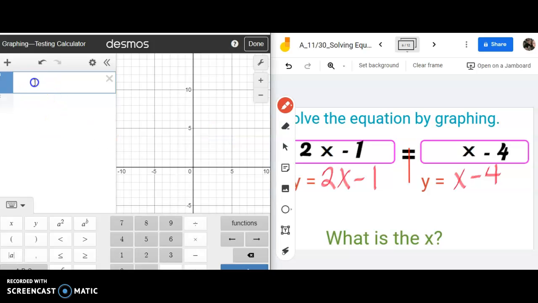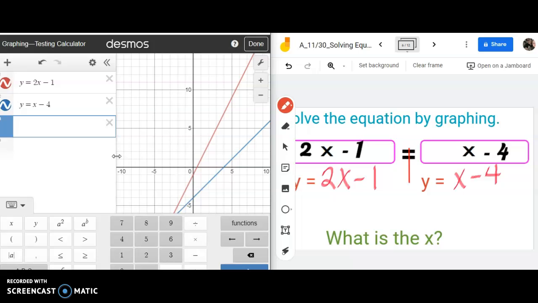So in Desmos, I'm going to type y equals, actually I don't want it capital, y equals, my equation is 2x minus 1, and I'm going to hit enter. So it graphed my line for me. I'm going to graph the next one. Y equals, and then it's just x minus 4, and I'm going to hit enter.